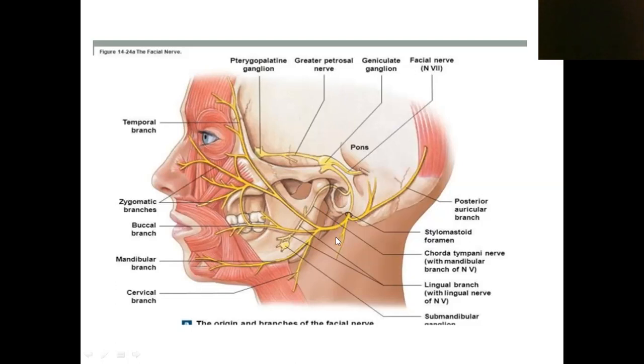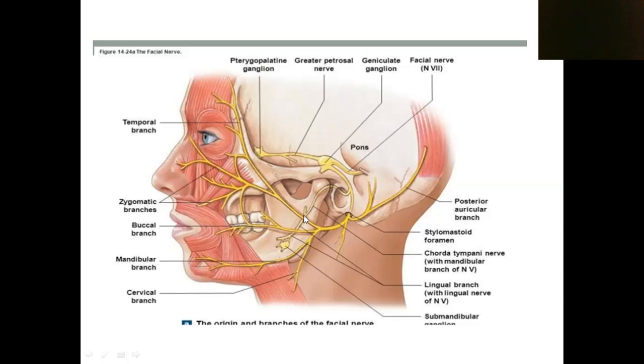Here comes the parotid gland. This is the location of the parotid gland, and here the nerve enters it. Inside the parotid gland, the facial nerve is divided into 5 branches. What are the 5 branches? Temporal, zygomatic, buccal, marginal mandibular, and cervical.